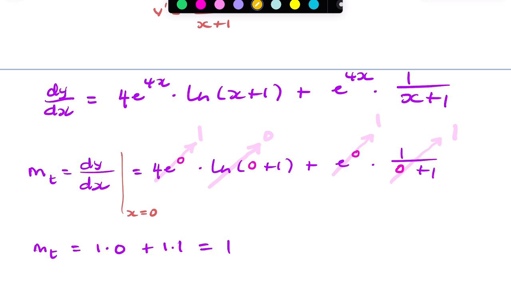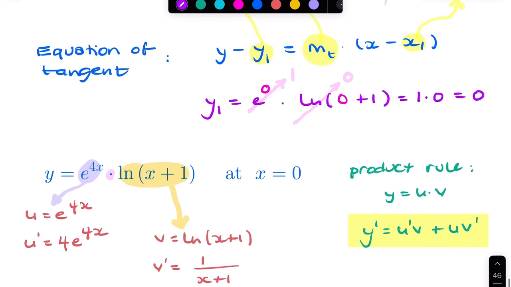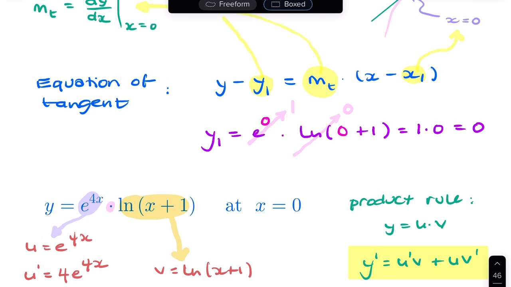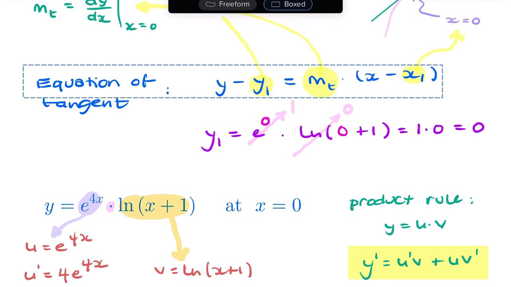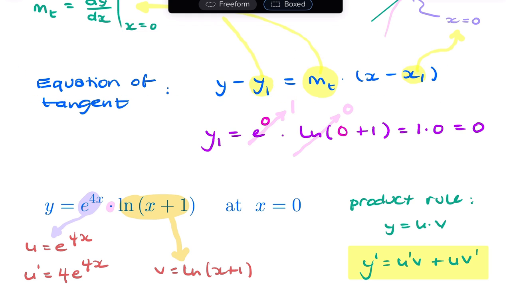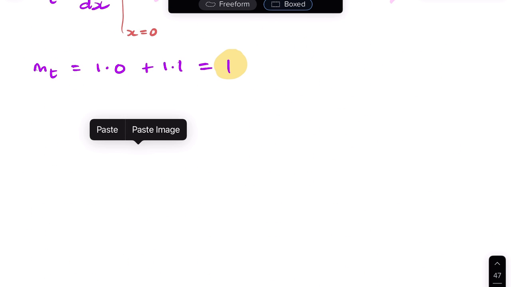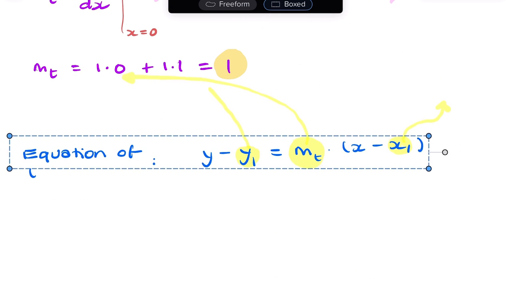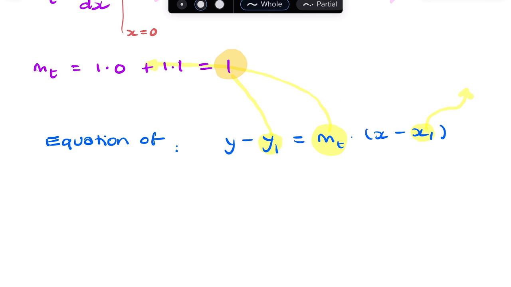So that's the gradient. Now we can write the equation of the tangent. We know the equation of the tangent is simply the equation of a straight line with the coordinates of a point.